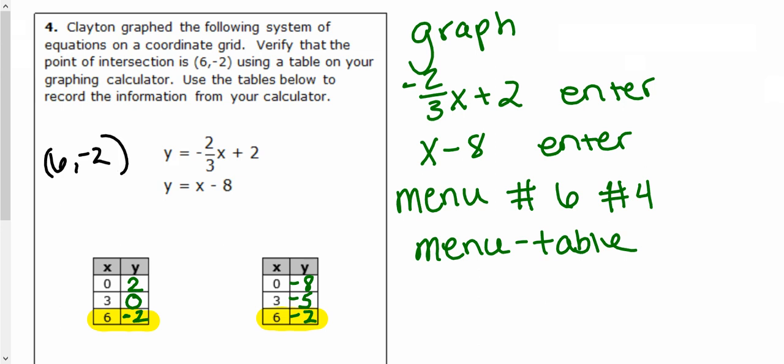Verify that the point of intersection is 6 and -2. And notice that it actually told me that. So that's all you're doing, is verifying that, is proving that, which is what we did with our calculator.